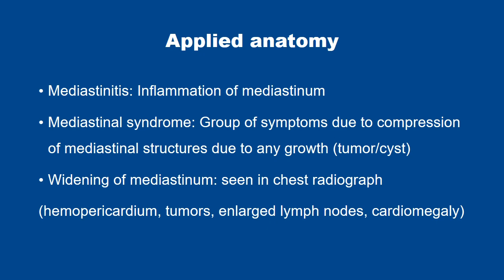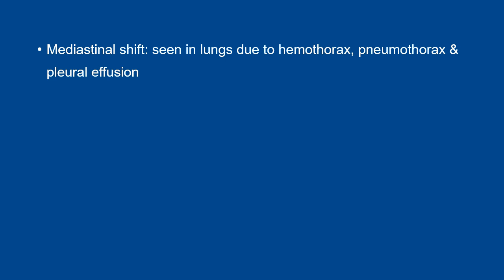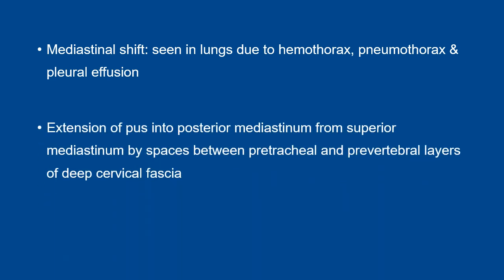Then the widening of the mediastinum. Widening of the mediastinum is seen in the chest radiograph due to hemopericardium, tumors, enlarged lymph nodes and cardiomegaly. Then the mediastinal shift. The mediastinal shift is seen in the lung due to hemothorax, pneumothorax and pleural effusion.